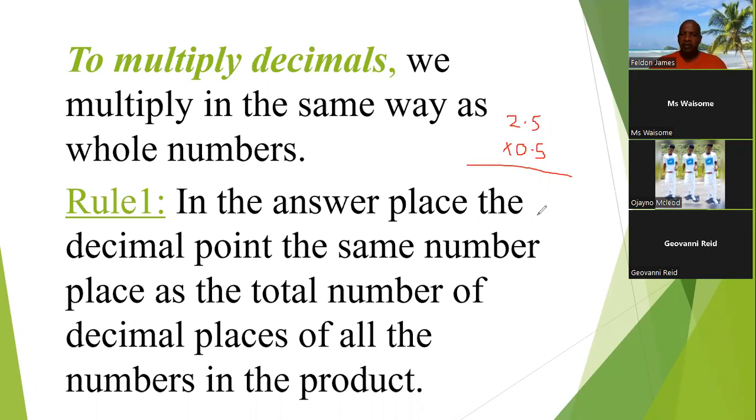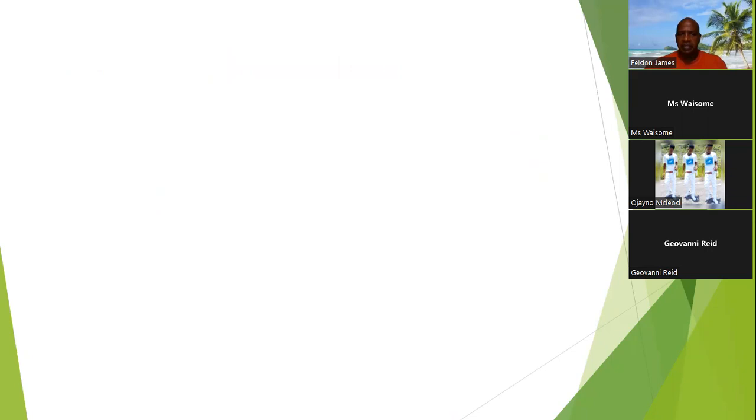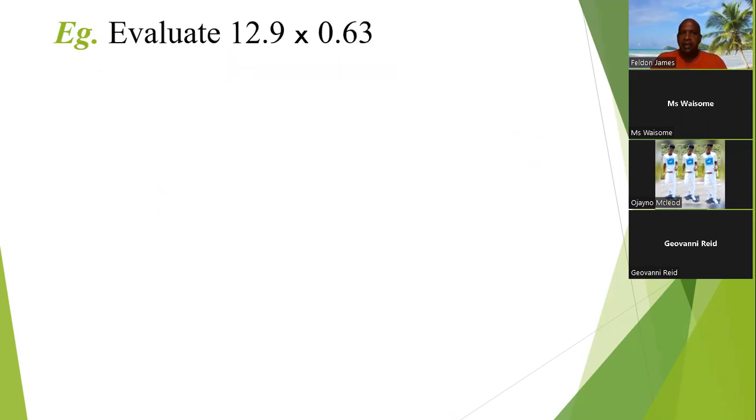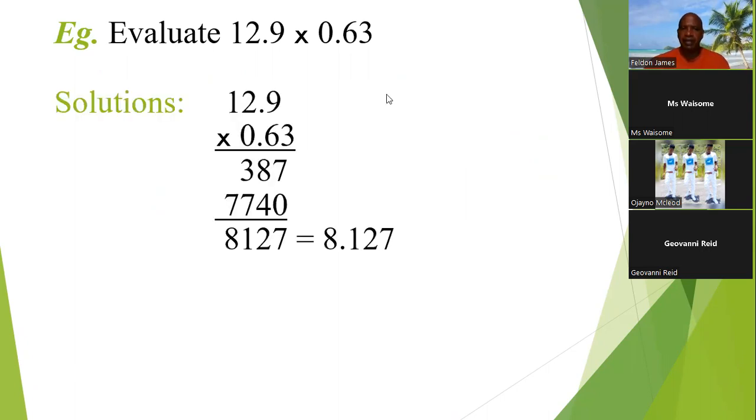So what we generally do when we are multiplying decimals, first, we multiply the numbers in the usual way, pretending that there is no point. So let's say that we are multiplying these 2 numbers together. We multiply them and we pretend that there is no point.